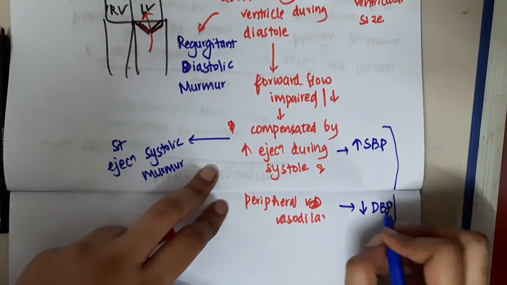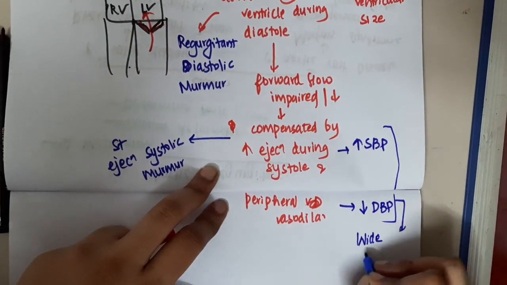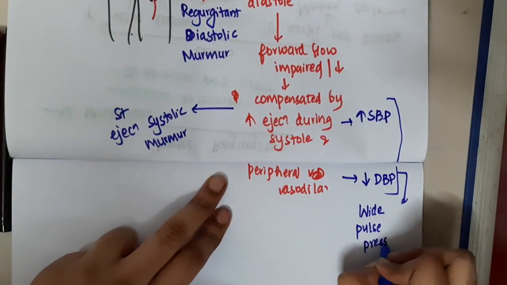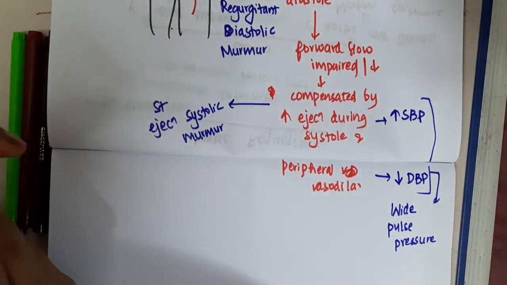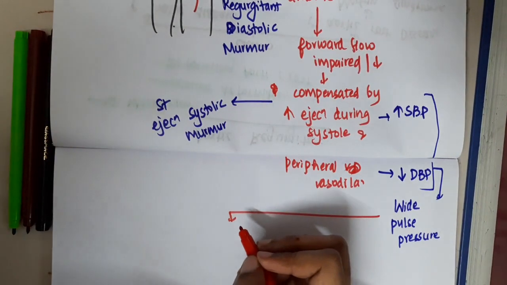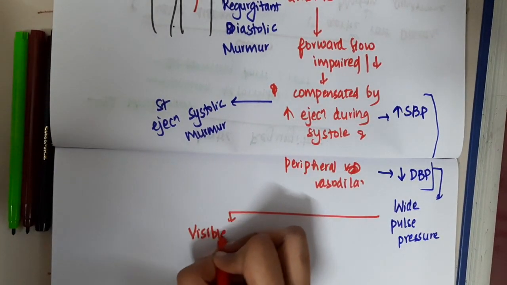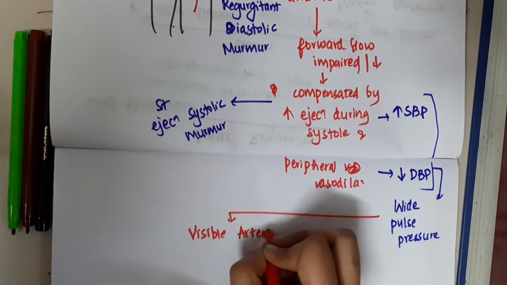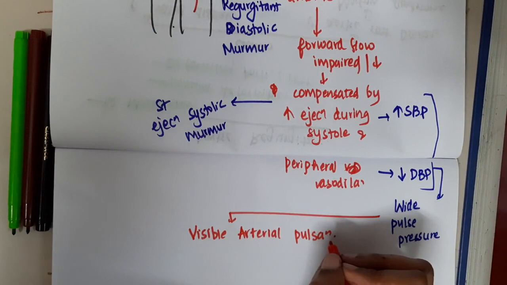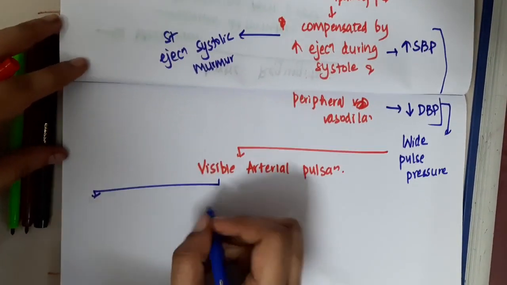So increased systolic and decreased diastolic blood pressure will result in wide pulse pressure. This wide pulse pressure will result in some visible arterial pulsations, which result in various signs.